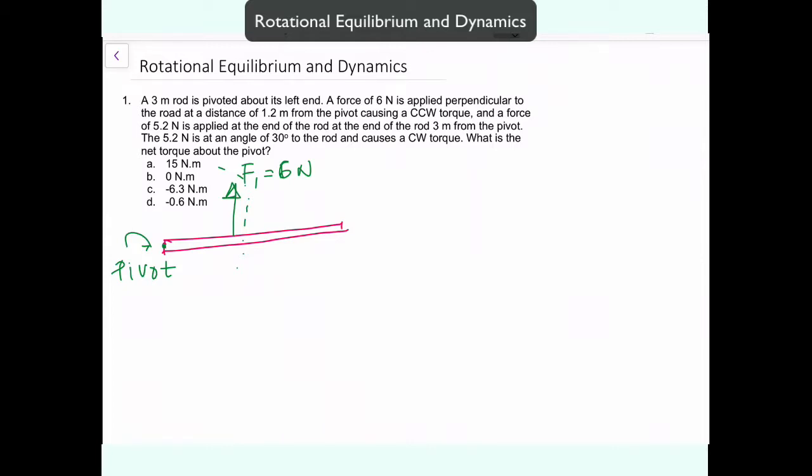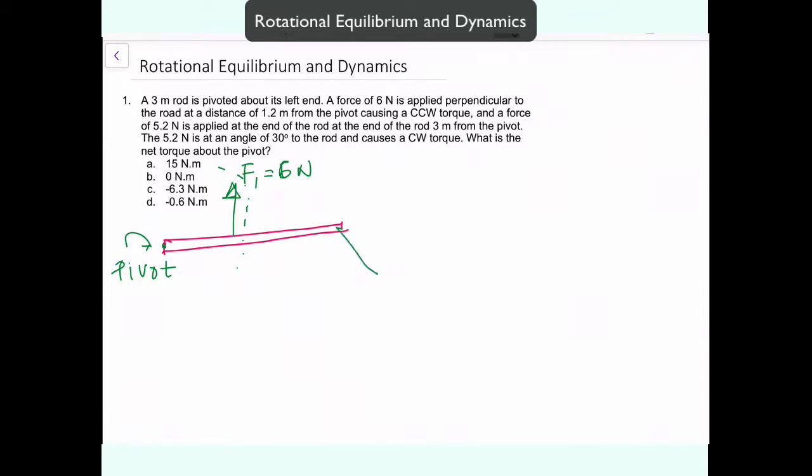Then the second one says a force of 5.2 Newton is applied at the end of the rod, away from the pivot, acting at an angle of 30 degrees to the rod and causing a clockwise torque.